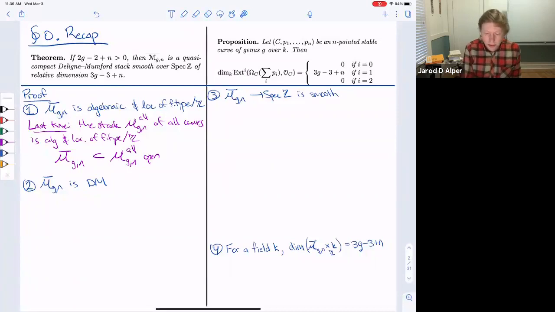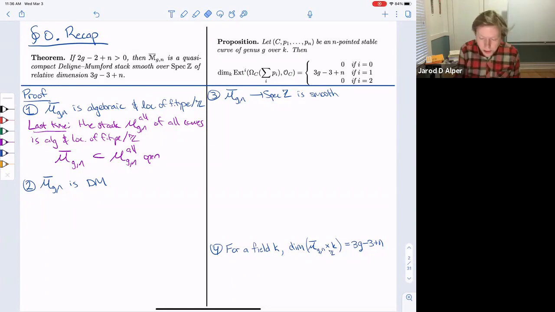And as we mentioned last time, you don't need to work with the stack of all curves. You could just show directly that this is an algebraic stack almost in the exact same way that we showed that M_{g,n} without the bar was Deligne-Mumford and was algebraic.